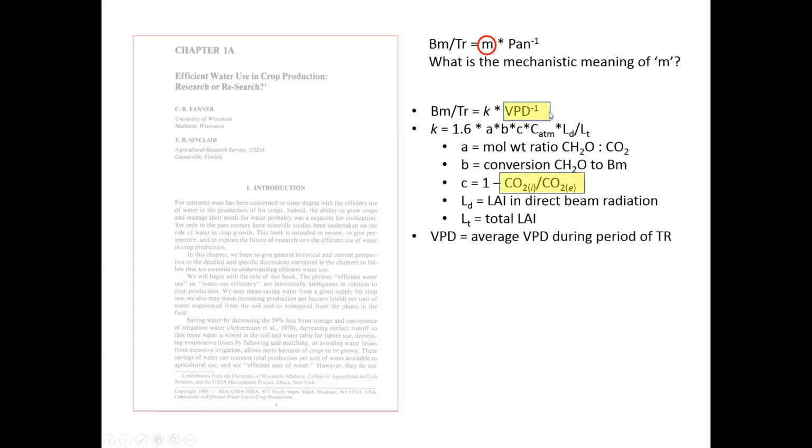So I want to look at these two highlighted components, the vapor pressure deficit and the CO2 ratio from inside the leaf to outside the leaf. Both of these are very, very important in determining the water use efficiency, and they both are related back to carbon isotope ratio.